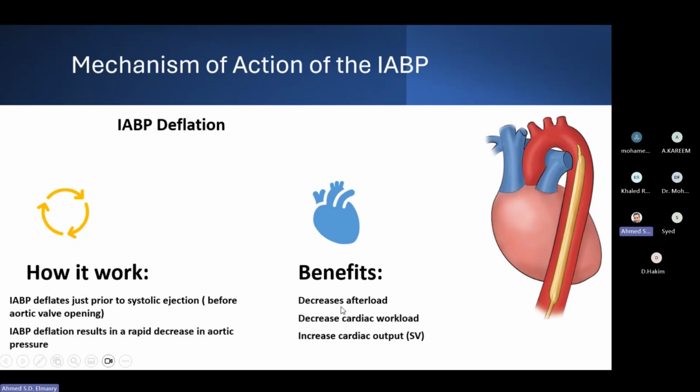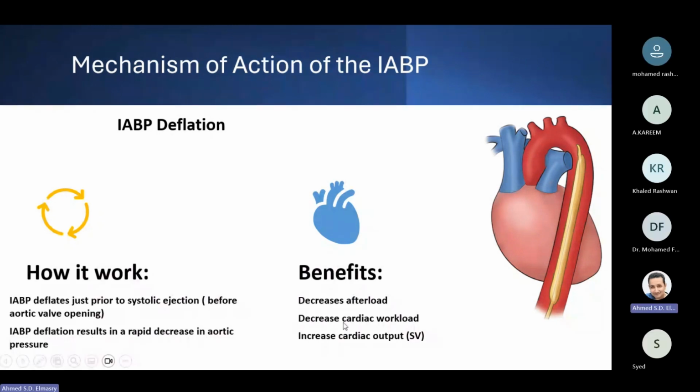This will lead to reduction of the afterload, and also improvement of the cardiac output, improvement of the stroke volume with each cardiac cycle. Also, the balloon is able to decrease the left ventricle end diastolic volume and left ventricle end diastolic pressure, and this will decrease the cardiac workload and also decrease the oxygen demand by the heart.